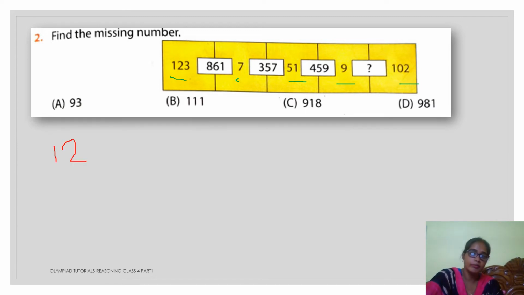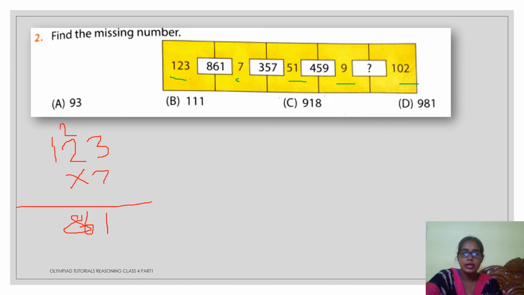If you multiply 123 into 7, you are going to get 861. So what we found is, if you multiply this 7 along with 123, you get 861.